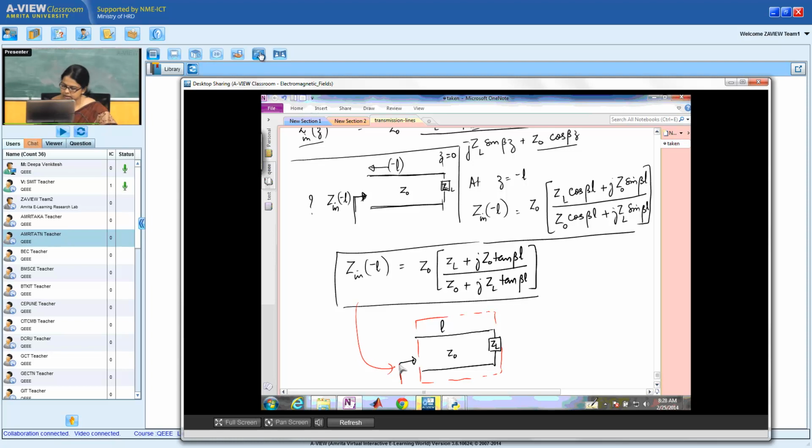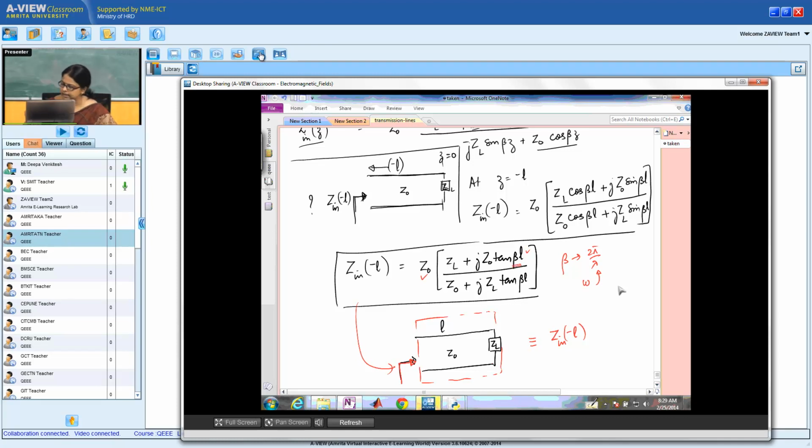The impedance caused by the transmission line of length L with a load ZL is equivalent to Zin at minus L. This is an easy enough number to calculate, because if I know Z0, if I know the length of the transmission line, if I know beta, which is 2 pi over lambda, so if I know the frequency, I can calculate beta and put it in this.